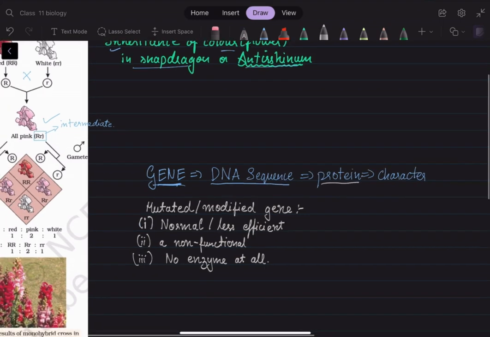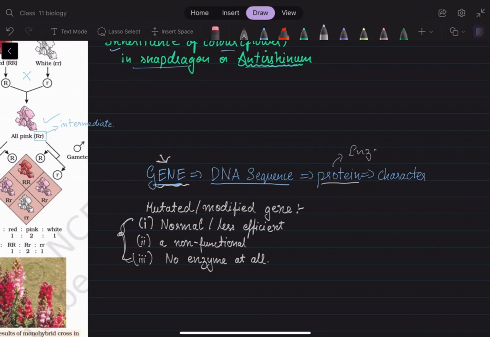Now, suppose there is some problem in the gene. It can be a mutation or anything. This problem will cause the gene to produce a different DNA sequence, which will lead to the formation of a different protein. Let us say that this protein is an enzyme.